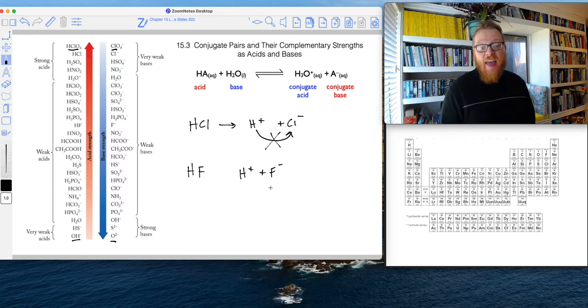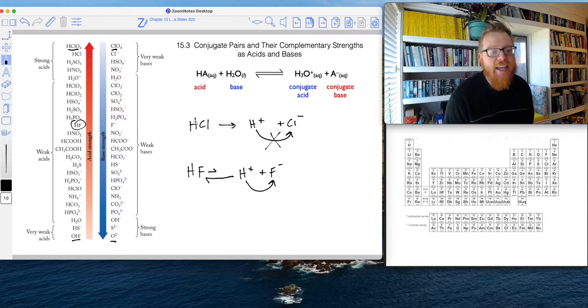And so what that means, fluoride does a pretty okay job of accepting a proton from that free hydrogen. And so what that means is this backwards reaction is far more likely than the forward reaction. Okay, so that's what makes HF then a weak acid.